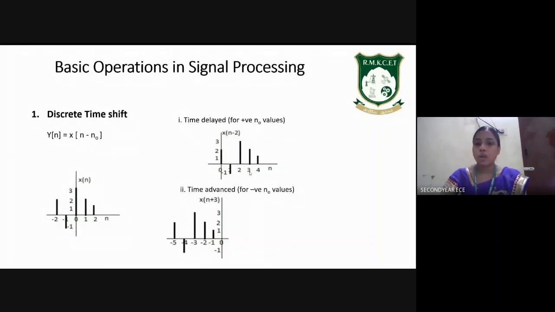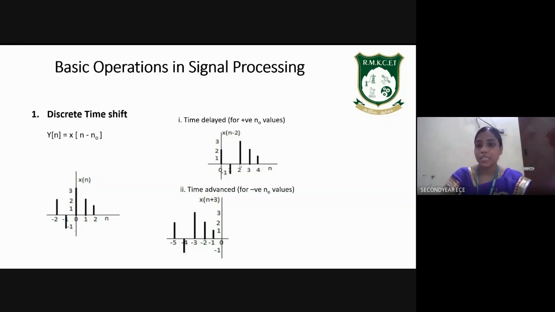So you have to substitute these new n values and you will get the result as 0, 1, 2, 3, and x of 0 from the original signal. If it exists, it will come at a new, shifted place.